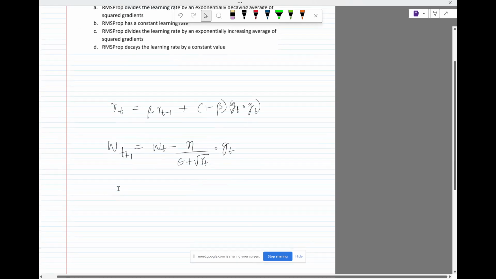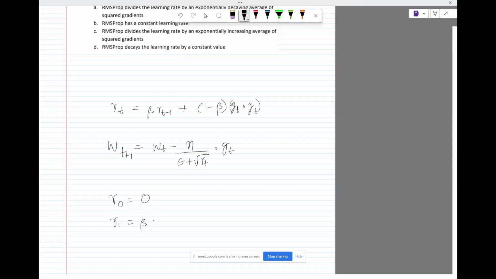So that you can sort of see, I guess. If you take R0 equal to 0, then R1 is beta times 0 plus 1 minus beta into G1.